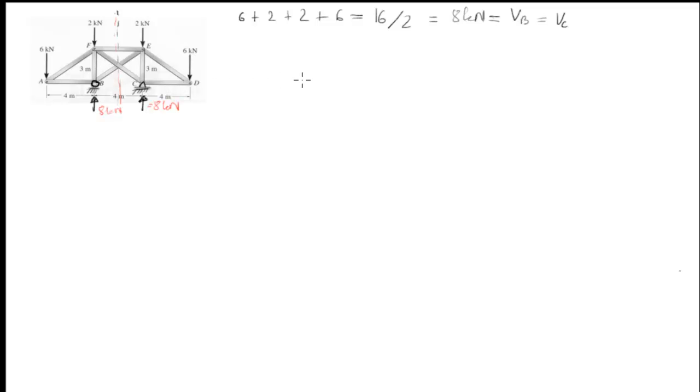So now, the first rule you have to remember: start with a joint that has 2 unknowns. 2 unknowns only.